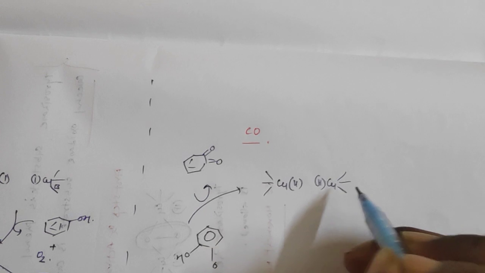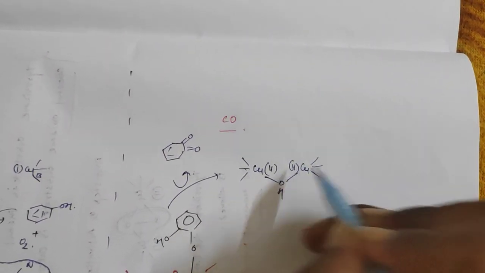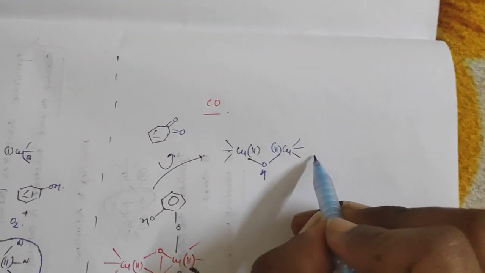Here also, all will be the N-histidine now, and OH, hydroxide group, hydroxide bridging.